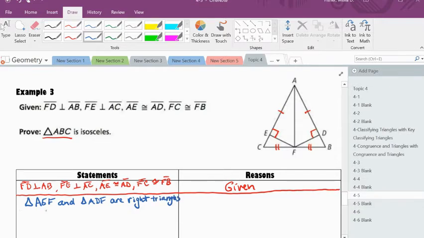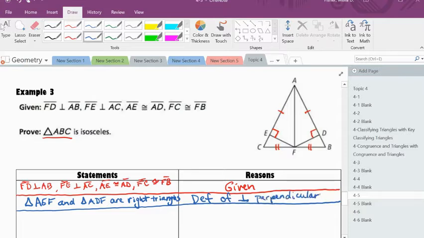And the reason that we know that is because of the definition of perpendicular. And you could put this symbol. If you don't know what that symbol means, then write down perpendicular so that you can remember that.